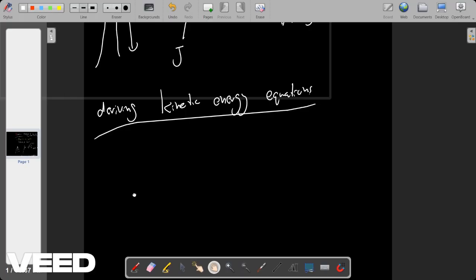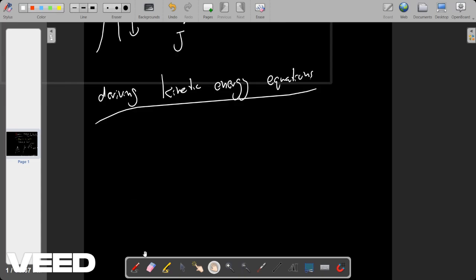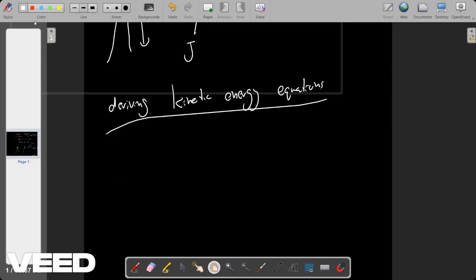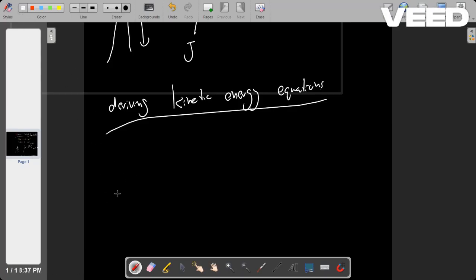Now remember, we can use force to accelerate an object. For example, let's say this object is on the ground. Let's say it is a sphere of mass m. At the beginning, its velocity is 0.